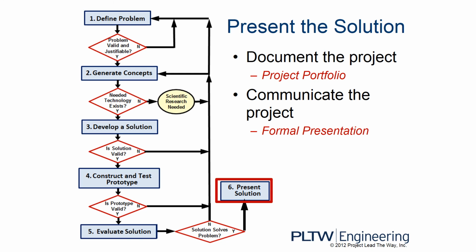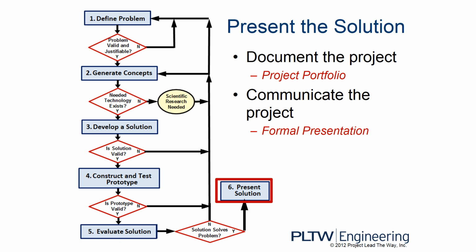You may release it in the form of a formal presentation. Here is the conclusion to our steps. A lot of times, this is a final presentation to your boss's boss. And this is the point where you are asking for money. We have solved this problem. Here's the problem. Here's how we solved it.